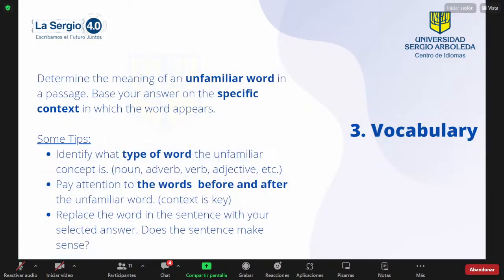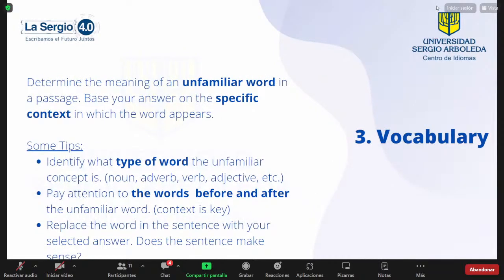Now, the other type of question is vocabulary. In vocabulary, who wants to read? What happens in this type of question? Volunteer. Jonathan?